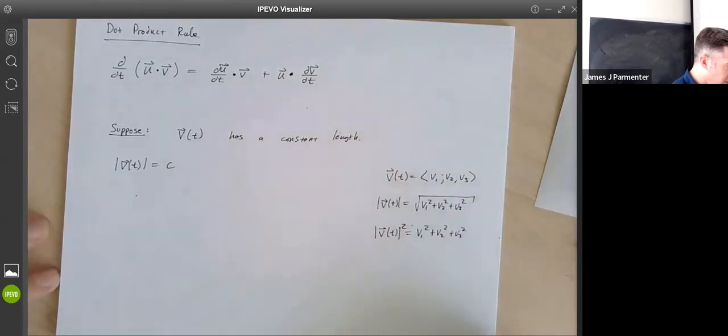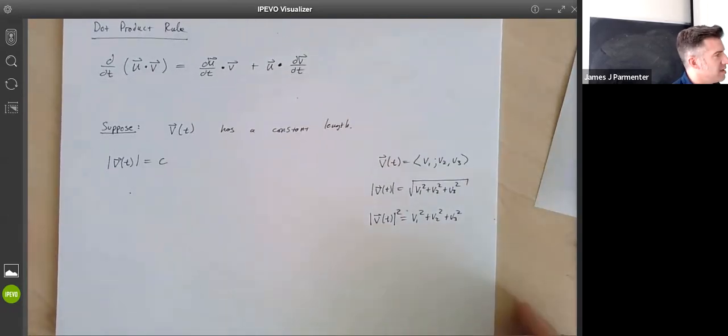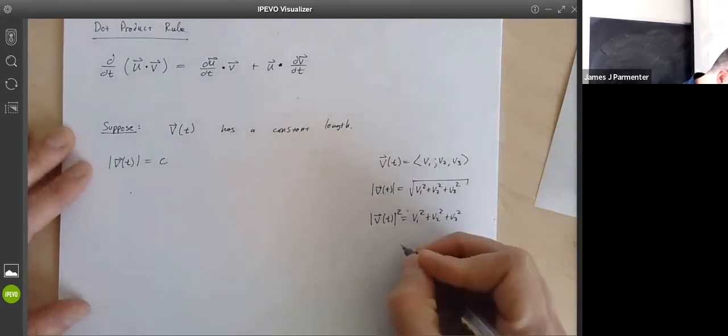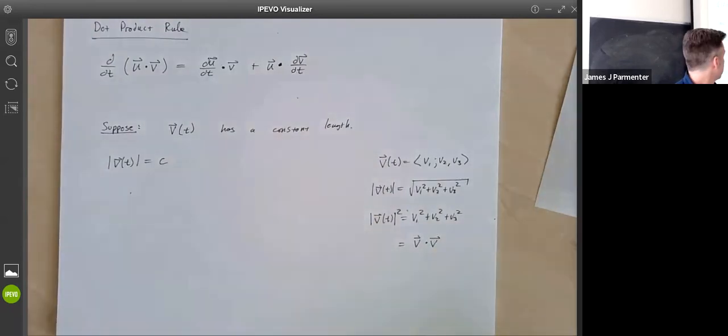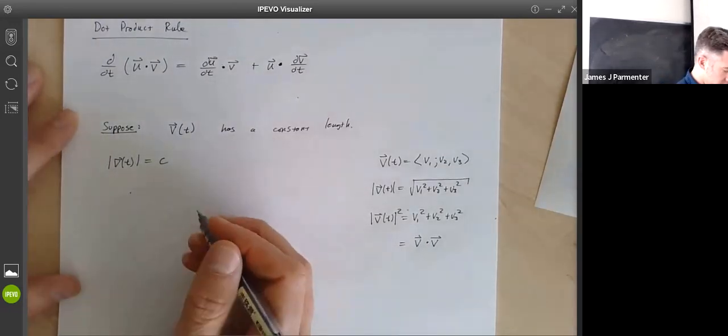Or another way of writing that would be the vector v dotted with itself. And that's often a substitution people make. When you take a vector dotted with itself, you say, oh, that's just equal to its length squared. So I'm going to square both sides of this.